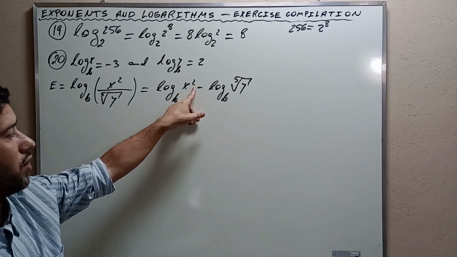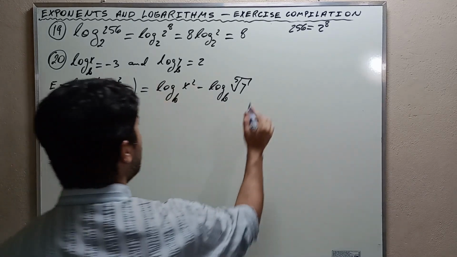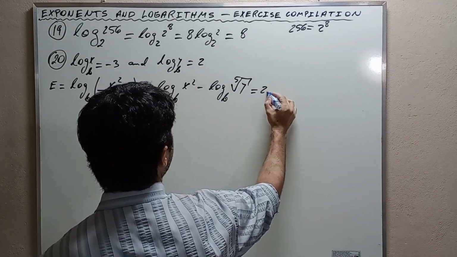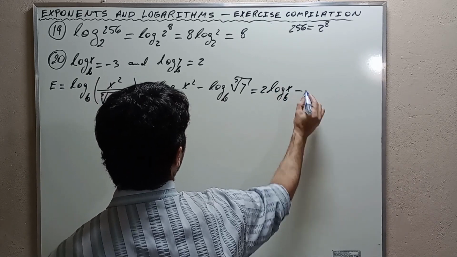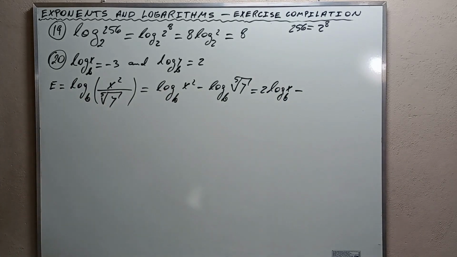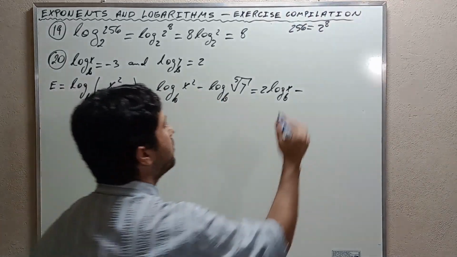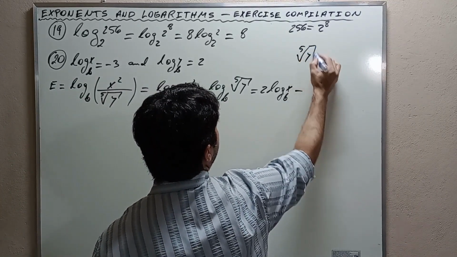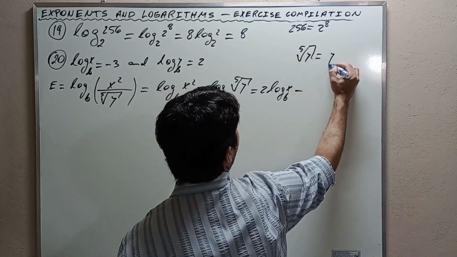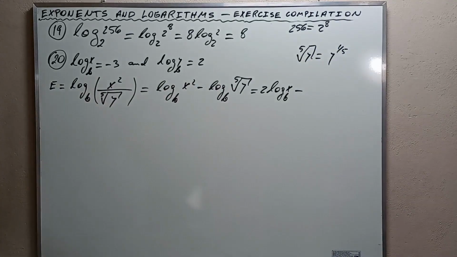And knowing that we can pass this power multiplying, we find that it is equal to 2 times the logarithm of x base b minus, we can convert this, okay? Observe that the fifth root of y is equal to y raised to the power of 1/5.